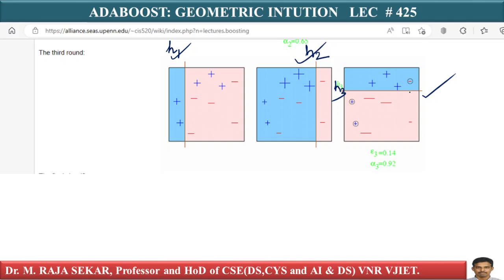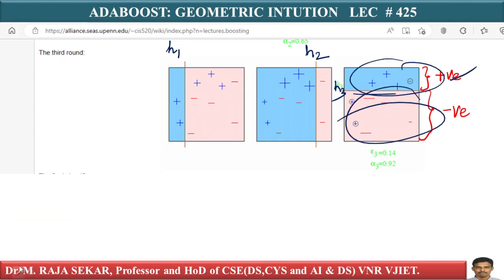I am giving more weight to these 3 negative points. It will create a hyperplane like this, parallel to the x-axis, and it says that the points above this particular hyperplane are positive points, the points below this H3 are negative points, isn't it?